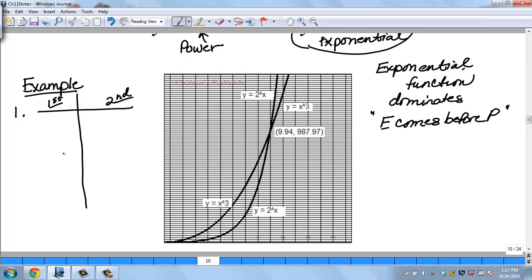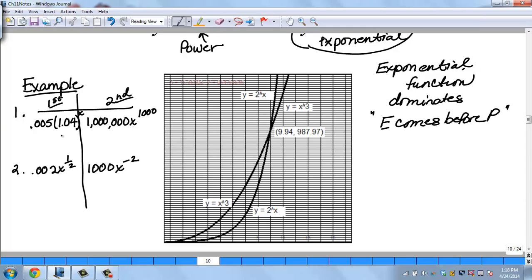For the first one, I have 0.005 times 1.04 to the x. And my other function is 1,000,000 x to the 1,000. And my second one I want you to see is I have 0.002 x to the half, and I have 1,000 x to the negative 2.